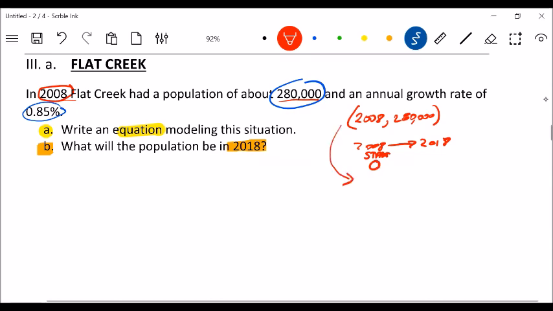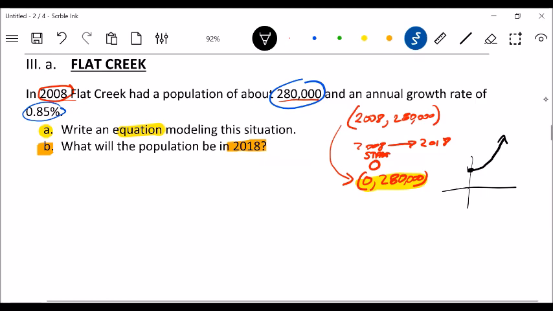So this actually should be written as 0 and then 280,000. So that is the beginning point we have. In fact, if we were graphing this, like X and Y axis, that would be our Y-intercept, and then it's going up from there. That's a growth function.